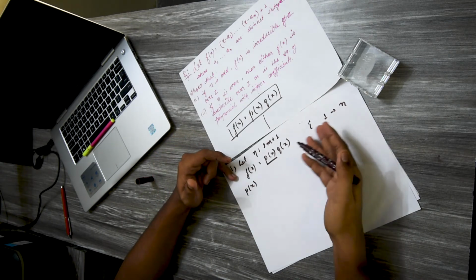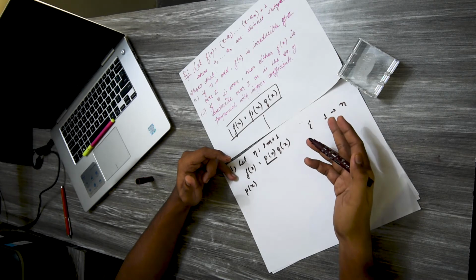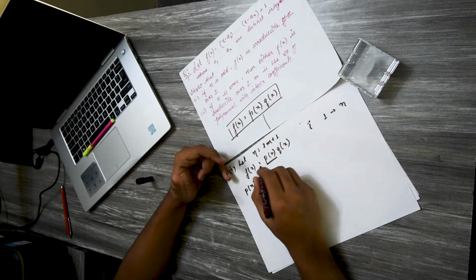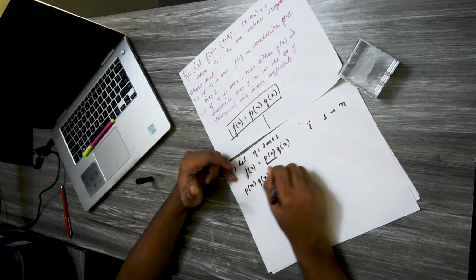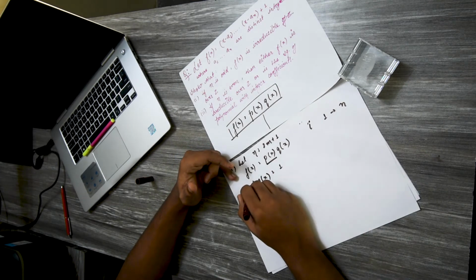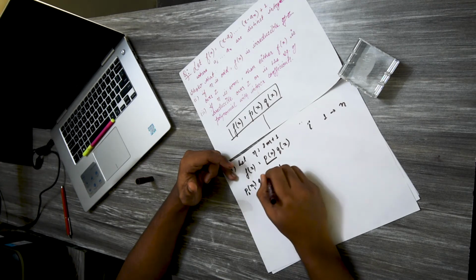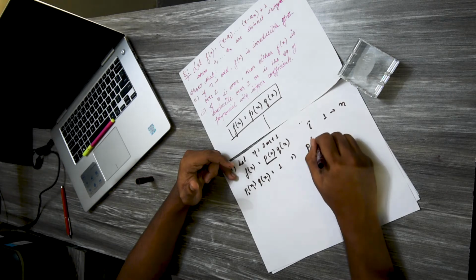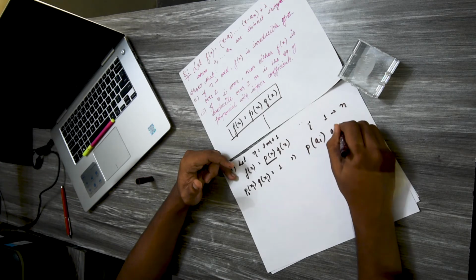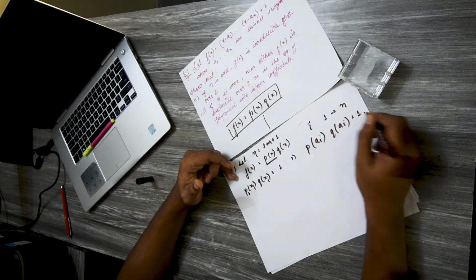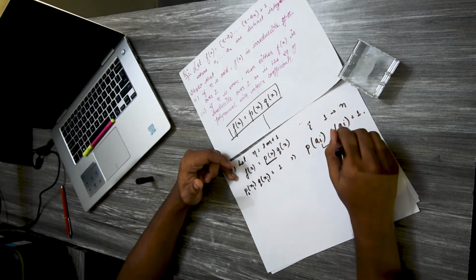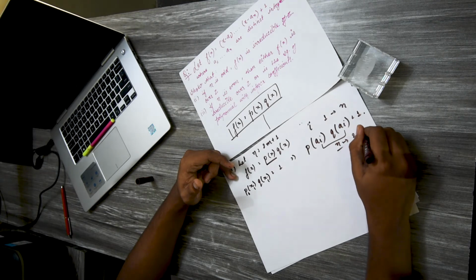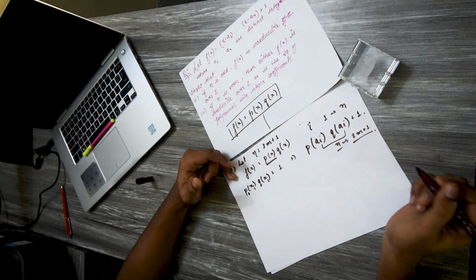For each value of i between 1 and n, including 1 and n, p(x) times q(x) would be equal to 1. That means p(a_i) times q(a_i) is equal to 1, and this stands for all n values, where n is equal to 2m plus 1, correct?